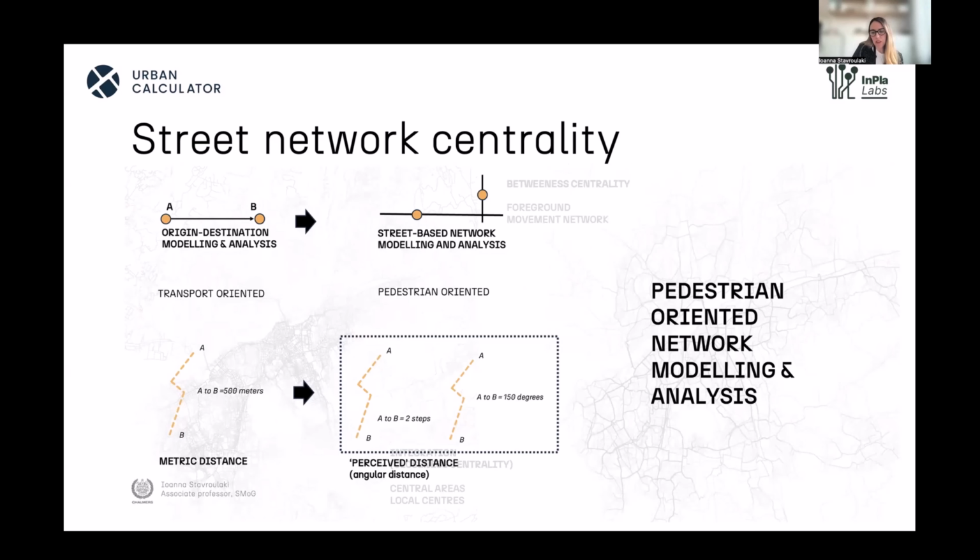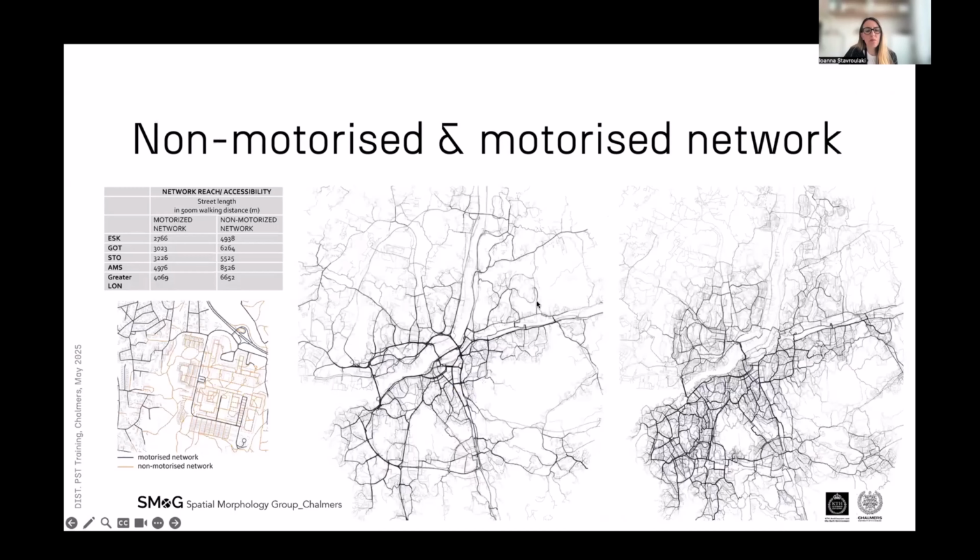It is different from the transport-oriented modeling or the traffic engineering modeling, which is an origin-destination modeling and analysis, where the street is just a way to go from A to B. In the methodological framework we use, the street is the node of the network analysis, the important element, and the distance is the perceived angular distance.